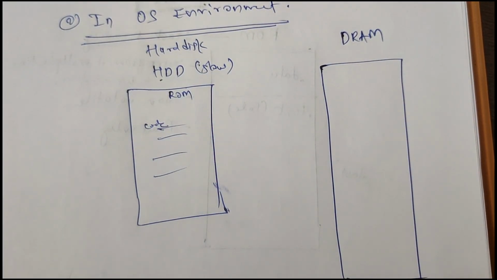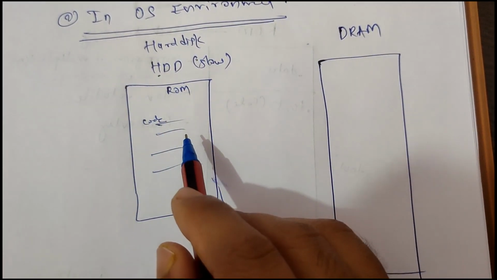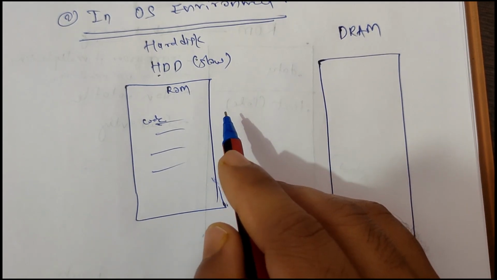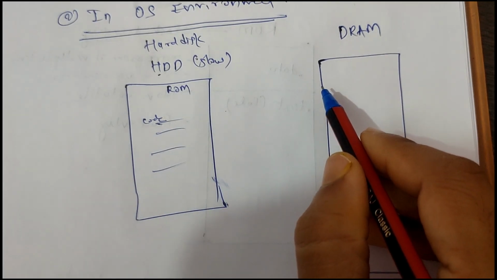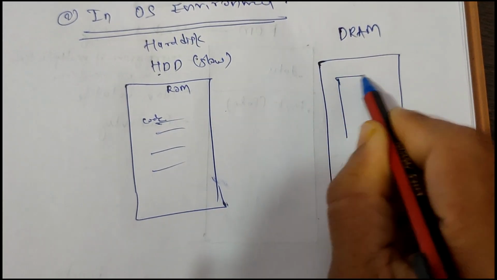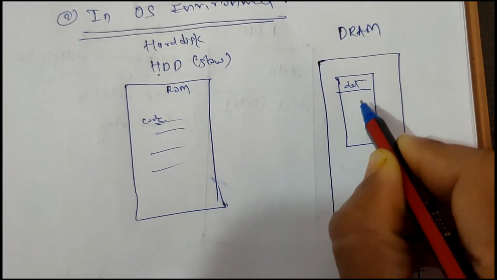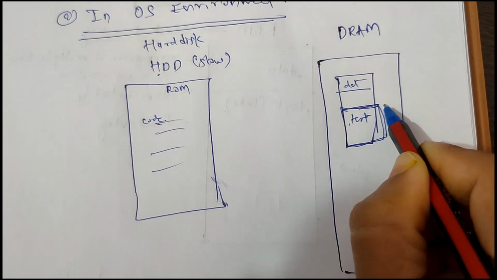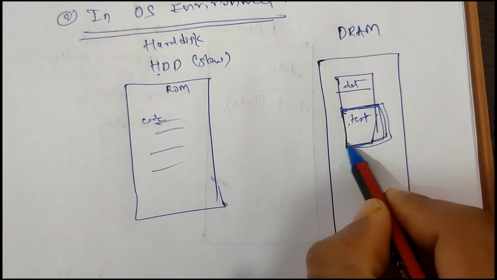Because of the slowness of this HDD, the fetch is also much slower. So what the OS tends to do is keep a chunk of your program in the RAM section. Here I have the data section, and here the .text section is also there. Some chunk of the program is also stored in DRAM.